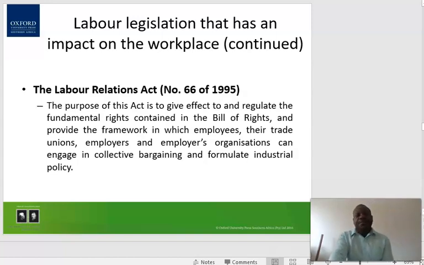With the Labor Relations Act, the purpose of this act is to give effect to and regulate the fundamental rights contained in the Bill of Rights, and to provide the framework in which employees, their trade unions, and employers' organizations can engage in collective bargaining and formulate industrial policy.